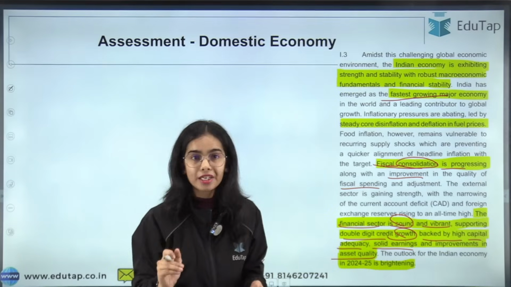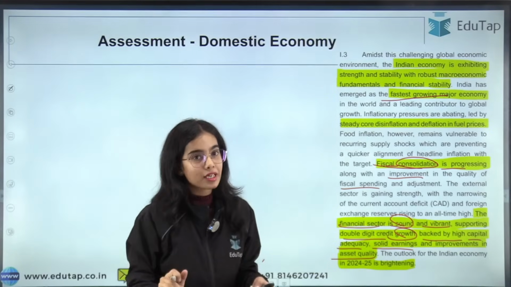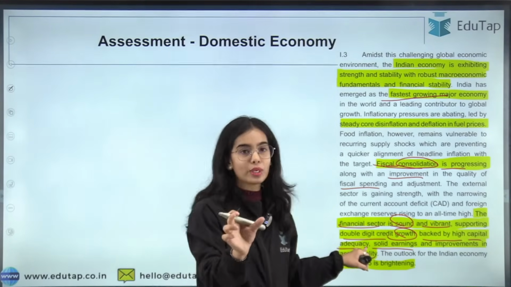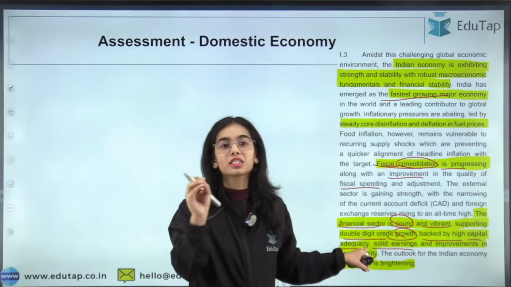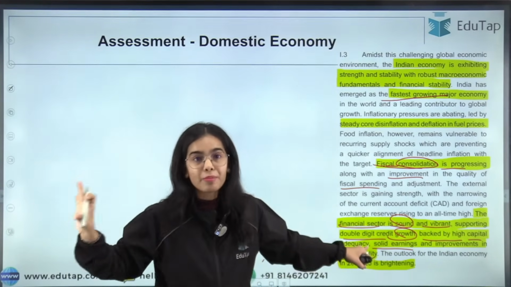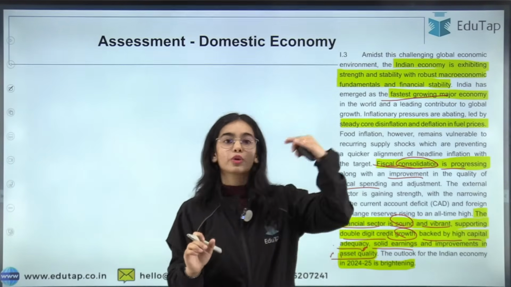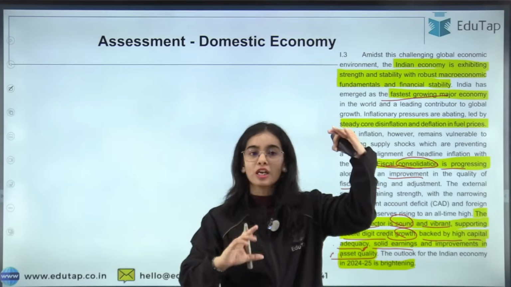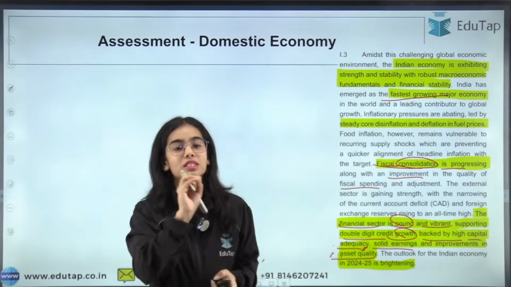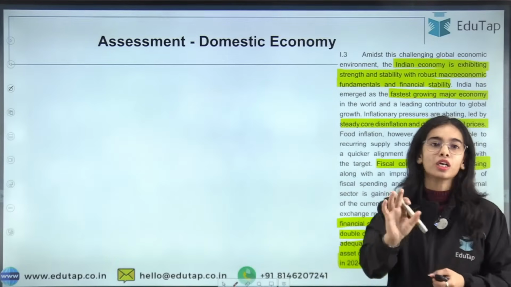NPAs are reducing, which means asset quality is improving, as non-performing assets are reducing. Our capital adequacy, the CRAR, the capital to risk weighted asset ratio, or the adequate capital maintained by the banks, is also very good, and credit growth is also happening. So credit growth is happening, NPAs are reducing, we are maintaining good capital. This is the whole understanding here, that all the sectors of our country are doing good.